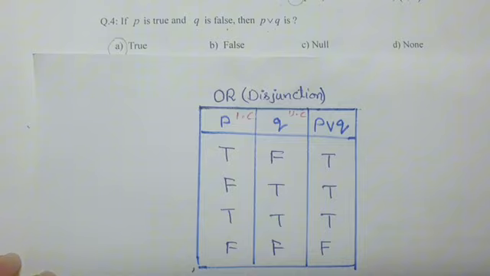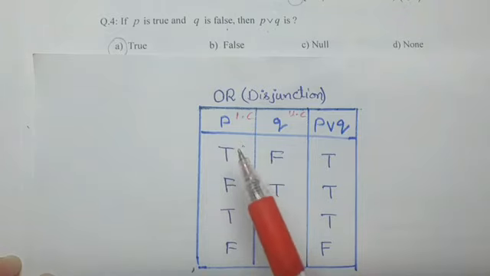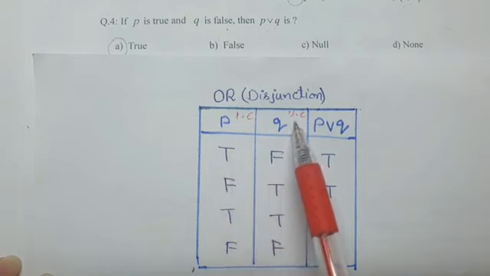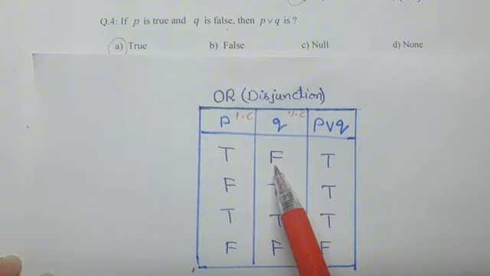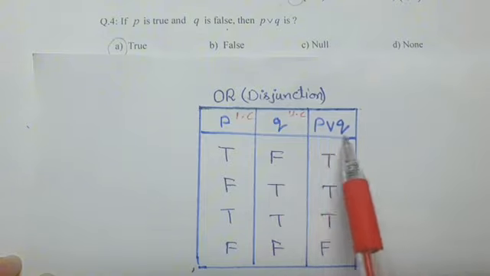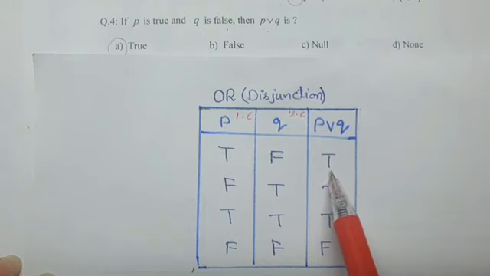Now let us consider, if you bring your ID card, this means P is true, and you forget your university card, this means Q is false, but still you are allowed to sit in the exam, so this would be true.